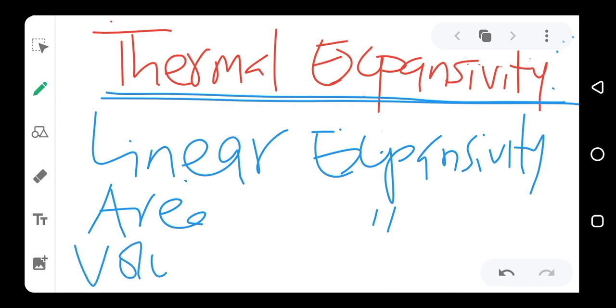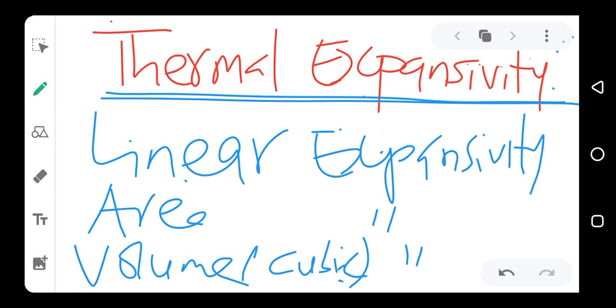Volume expansivity. Volume expansivity is also called cubic expansivity. So linear expansivity, area expansivity, and volume or cubic expansivity.